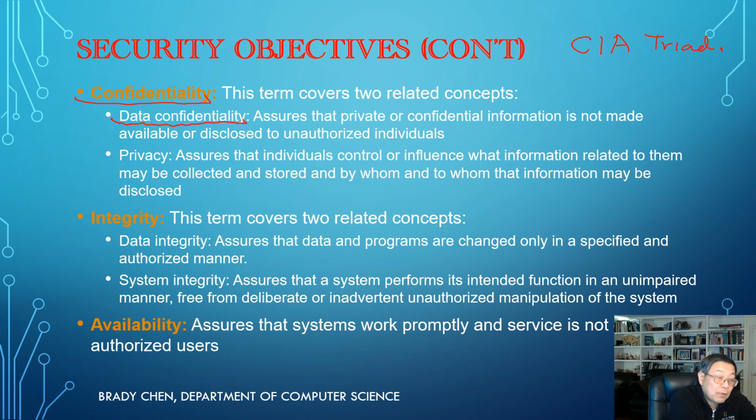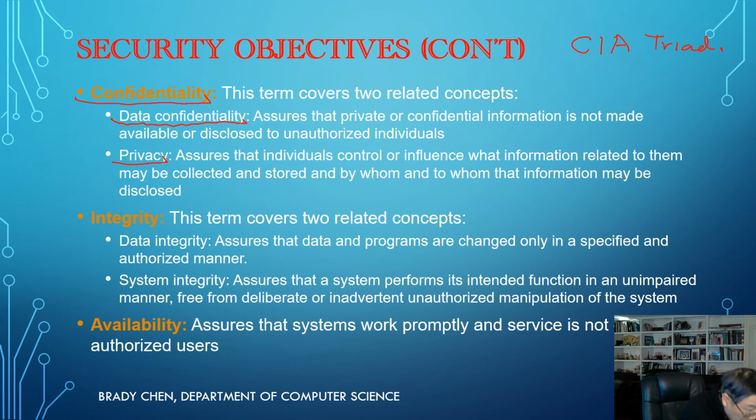The other meaning of confidentiality is privacy. It assures that individuals control or influence what information related to them may be collected and stored, and by whom and to whom that information may be disclosed. So privacy basically means the individual has complete control of his or her data.